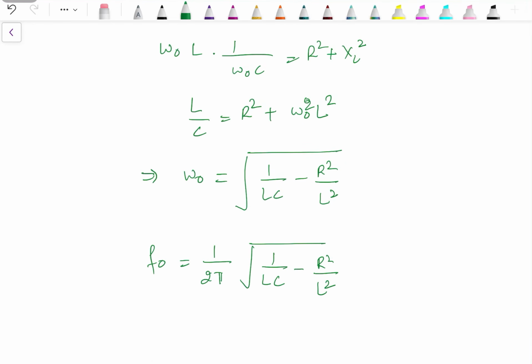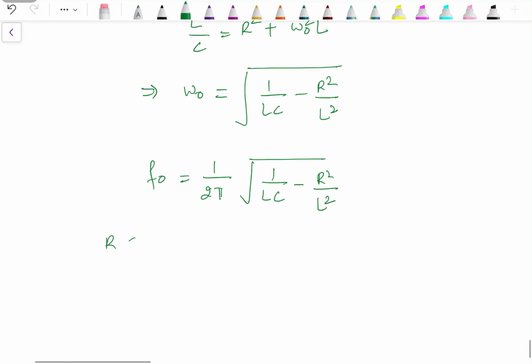And if the resistance is very small in comparison to the inductance, then f naught becomes 1 upon 2 pi root LC, same as in case of series resonance, and omega naught is 1 by root LC. Again, same as in case of series resonance.